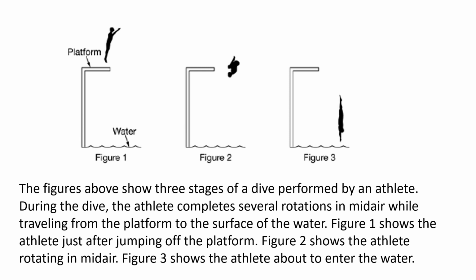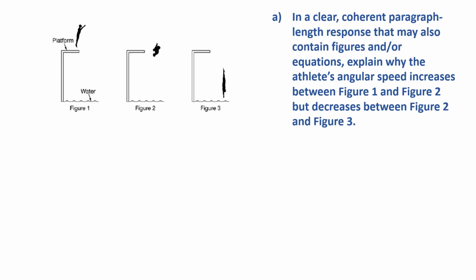Okay, so why is it that in order for a diver to increase the velocity, you must curl up? Here is the solution to this question. Again, why is it that when they're curled up, that's when they spin fast? It's very simple.